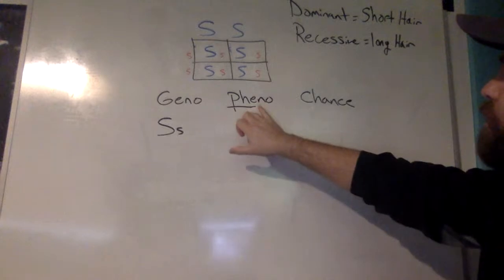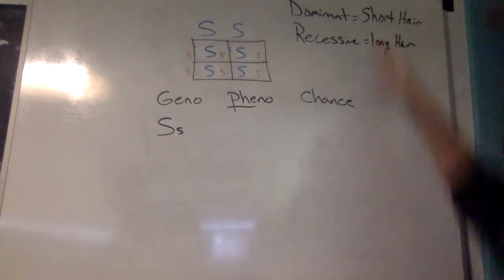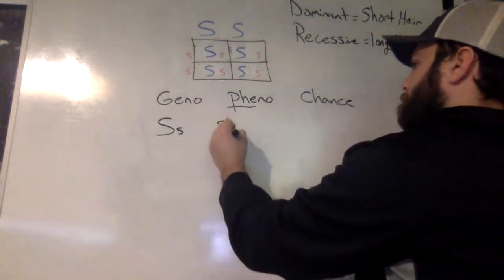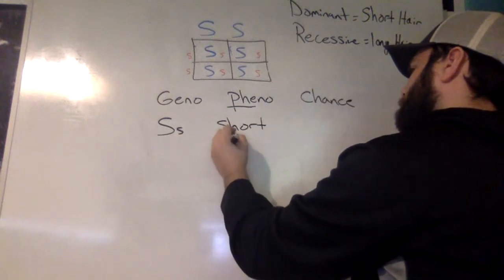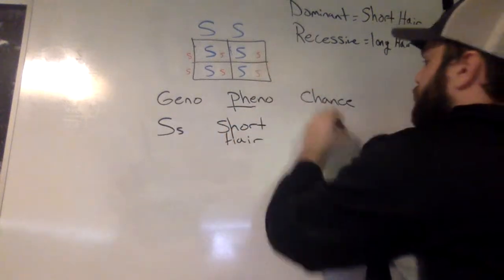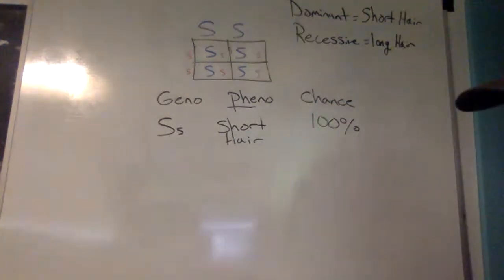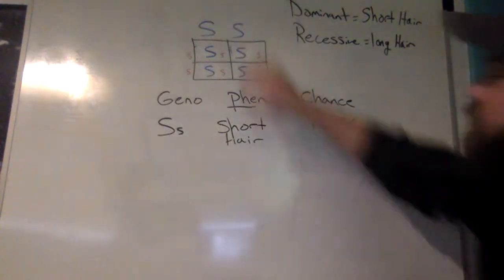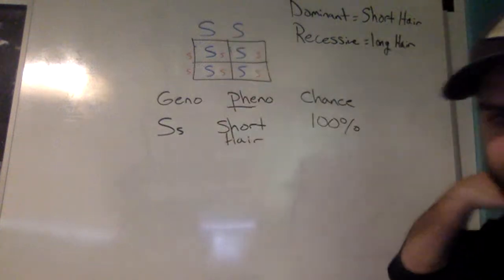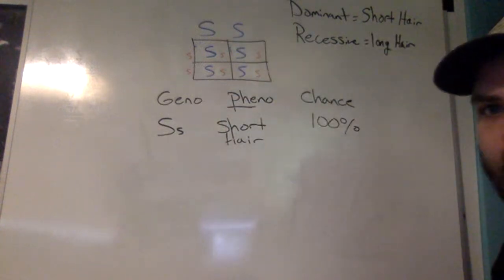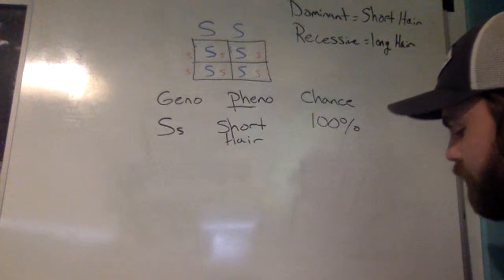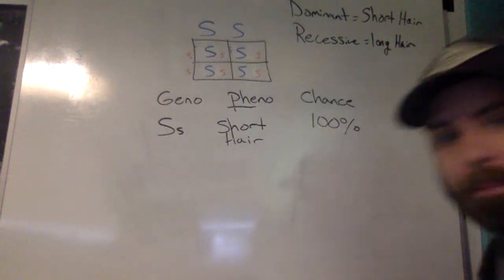Now, the phenotype, if you have a capital S, you're going to have short hair. And then the chance to get that, it's going to be 100%, because that dominant set of alleles from that one guinea pig brings it down. And every time you have a capital S for this question, you're going to have short hair.